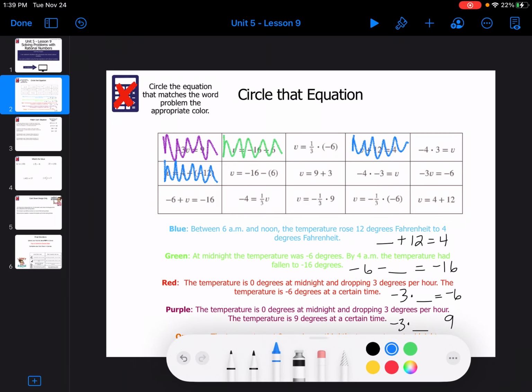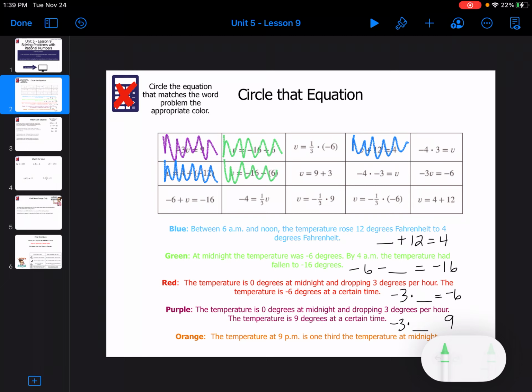Yeah, that's going to be green. Okay, 9 plus 3. So nowhere did I add 9 plus 3. So I'm going to leave that one alone. -4 times -3. I don't see where that one would fit in either.